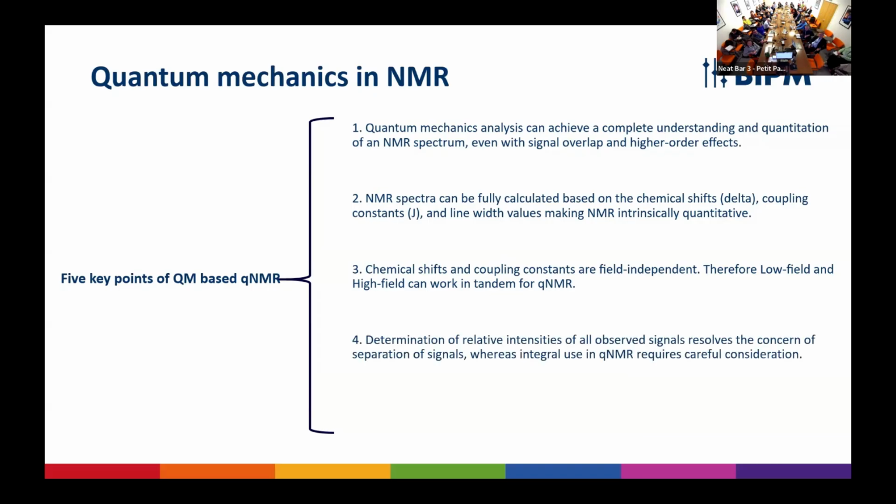And then we also need to look at determination of the relative intensity. That's looking at observed and theoretical and separation, where integral use obviously requires careful consideration of where you're placing them. But if you're separating every single signal based on spin parameters and these defined chemical shifts and coupling constants, they're not going to be overlapping, because they're two individual variable value data sets that won't overlap.